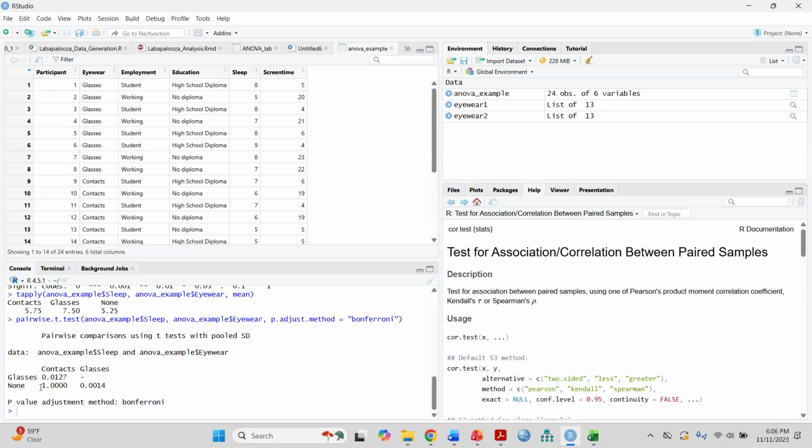1.0 is as high as it goes. That's way higher than 0.05. So people who don't wear any eyewear and people who wear contacts, 5.75 and 5.25, those are not statistically significantly different because this value is above 0.05. That makes sense. And then people who don't wear either versus people who wear glasses, that is below 0.05, so that is significant. So glasses versus none, that is significant.